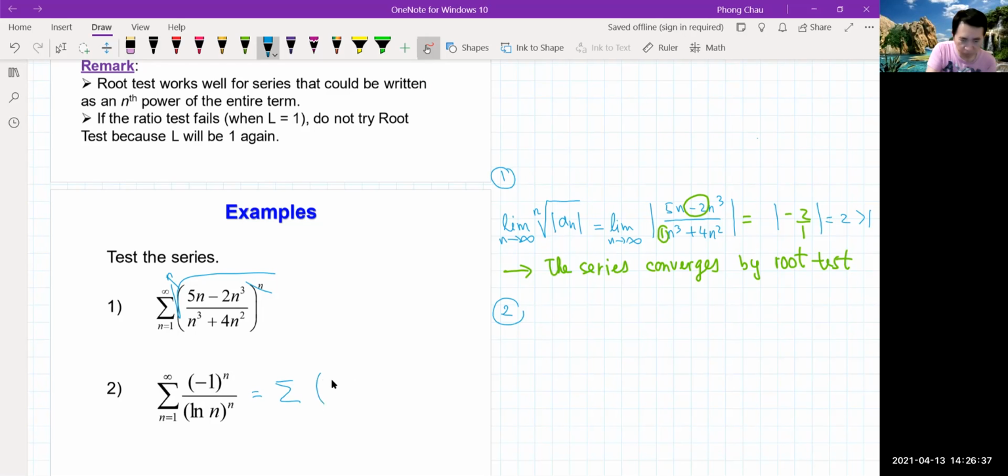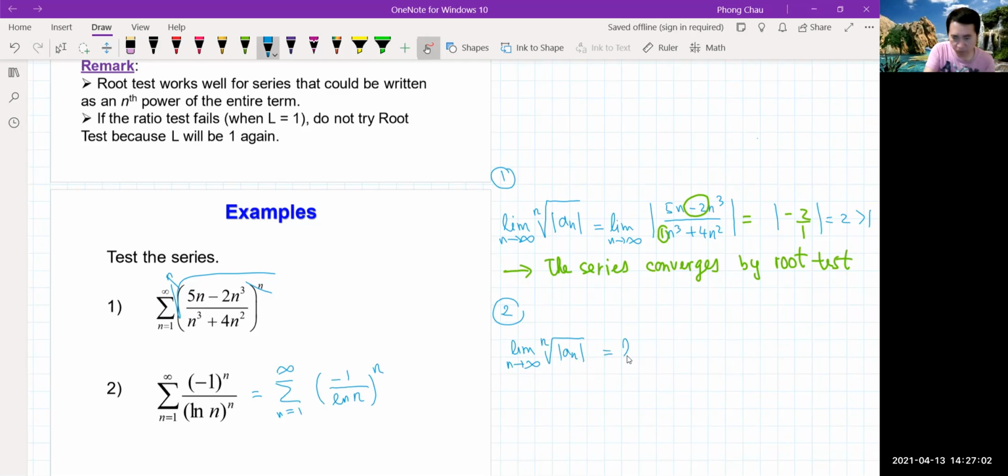So that's equivalent to negative 1 over natural log of n, quantity raised to the n power, from 1 to infinity. Okay, so what we do is, again, take the limit of the nth root of a sub n in absolute value as n approaches infinity.